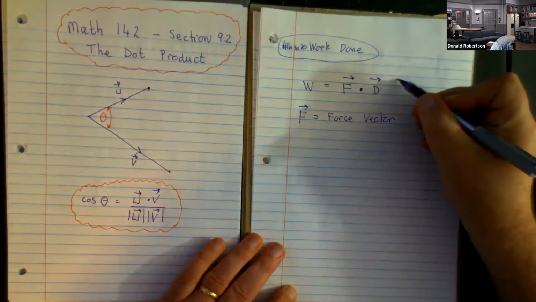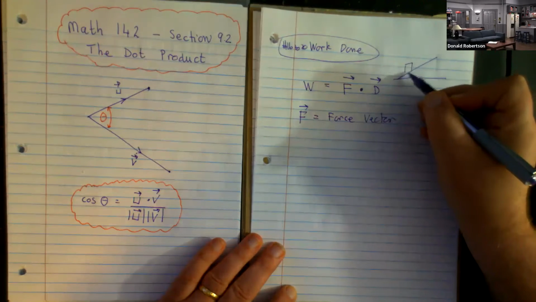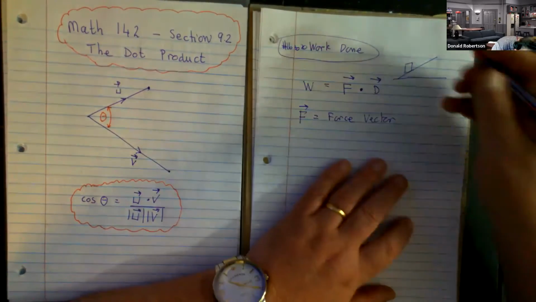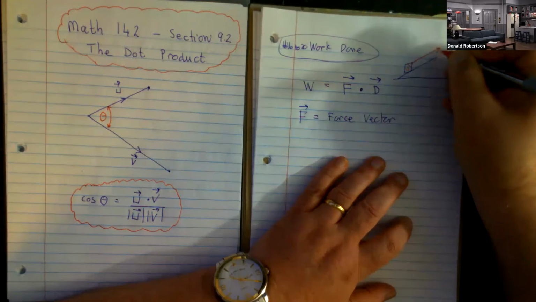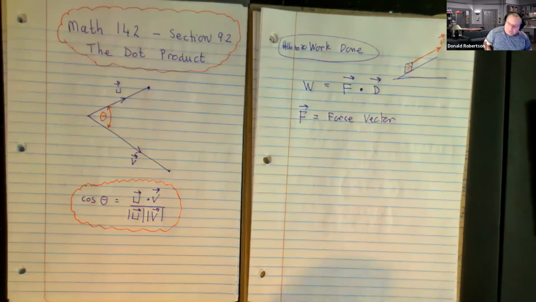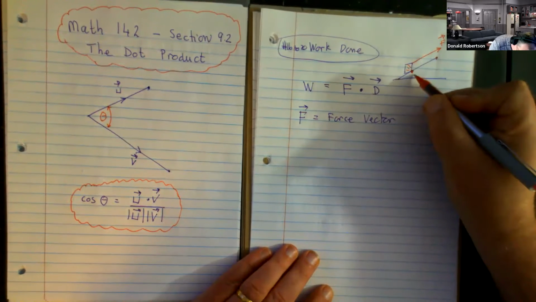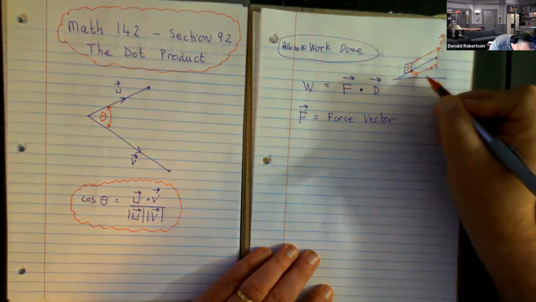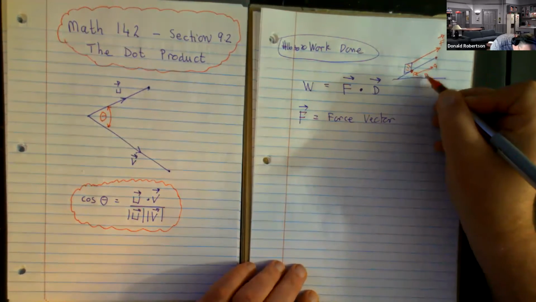So can you imagine that we've got a hill and there's a big block on that hill, but there's no friction. But I pull that block up a hill, and I use that force vector, right? And I pull it from here to here, and that's P and that's Q. And that there is the distance vector, or the movement vector.